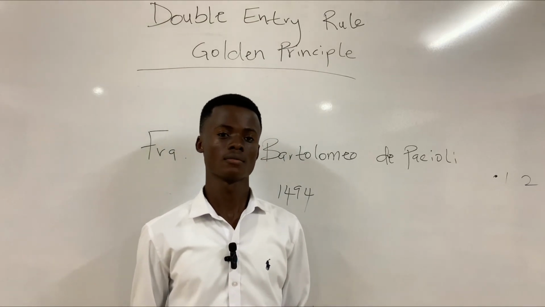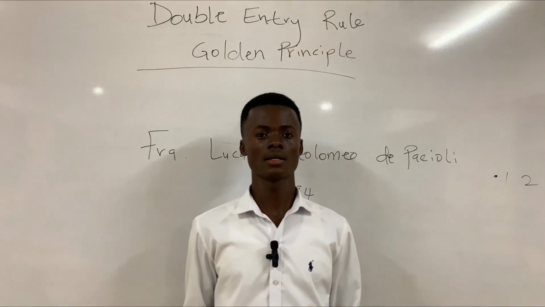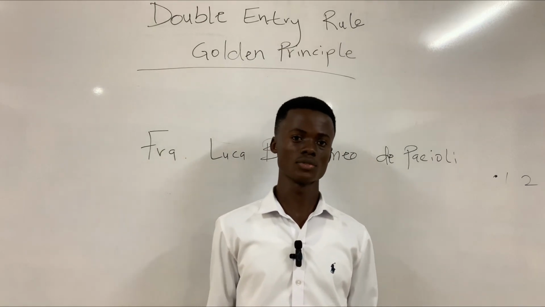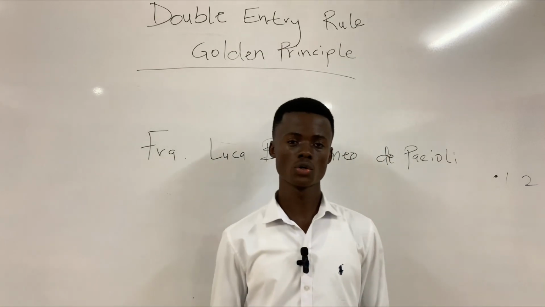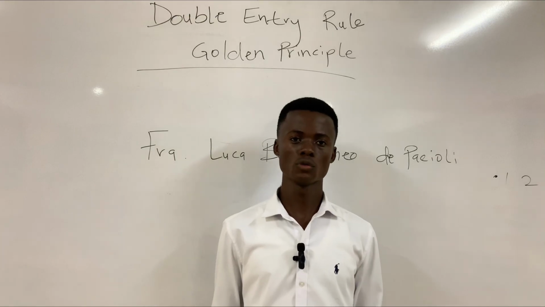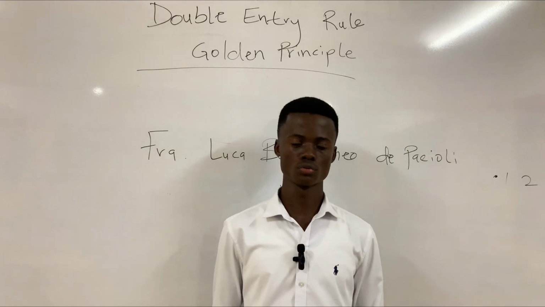And as we said, this is the rule that still guides the recording of accounting transactions in the various ledgers till date. Fra Luca Pacioli, in short, is known as the father of accounting due to his ability to propound this rule.